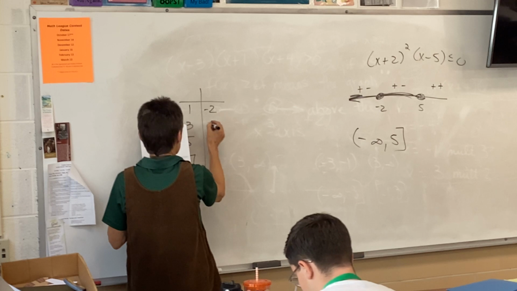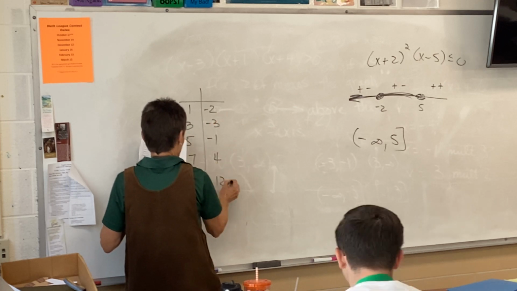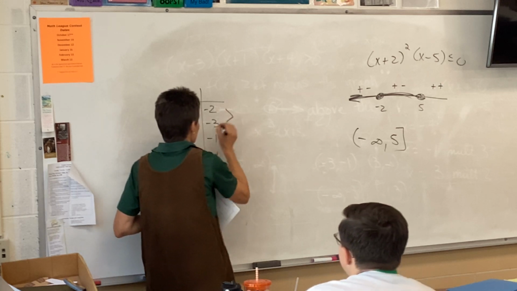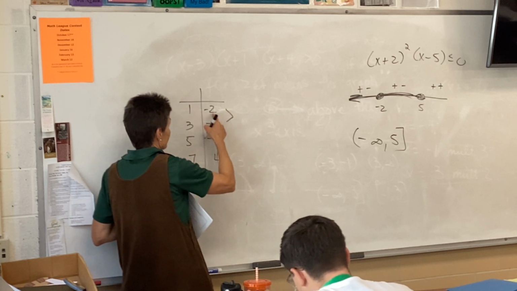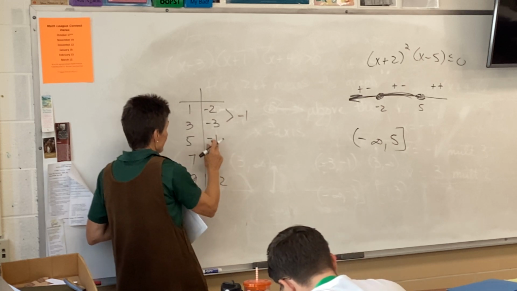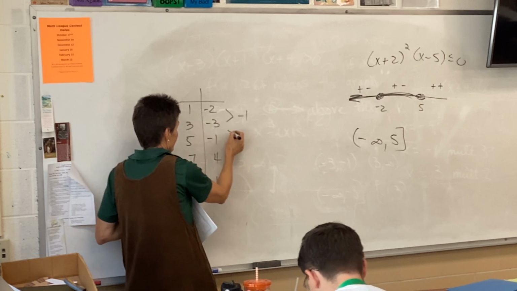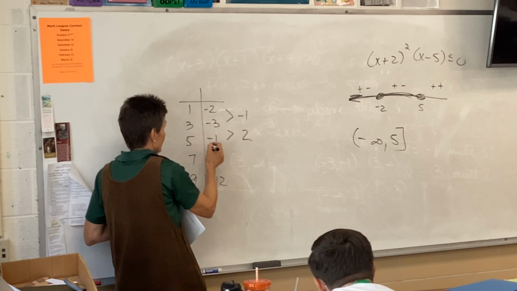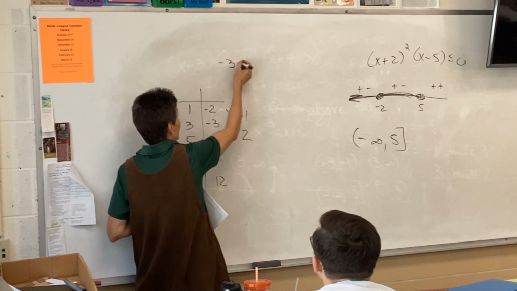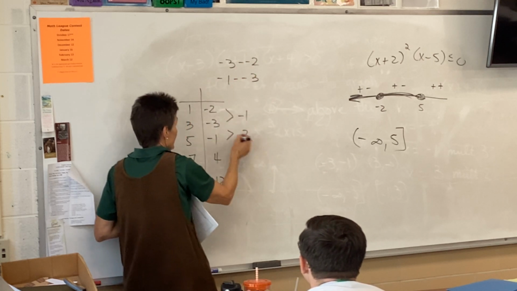Let's find the differences. Okay, so what's the difference here? -1, subtract, right? What's the difference here? 2, right? We're subtracting, so -3 minus -2, -1 minus -3.